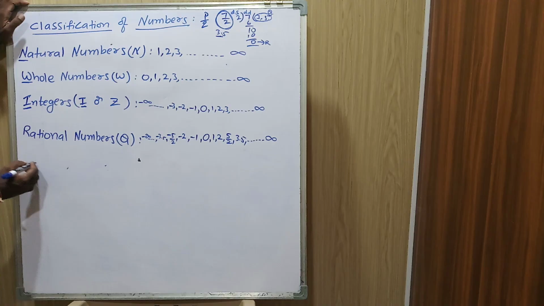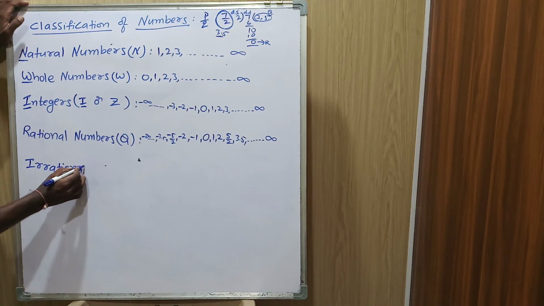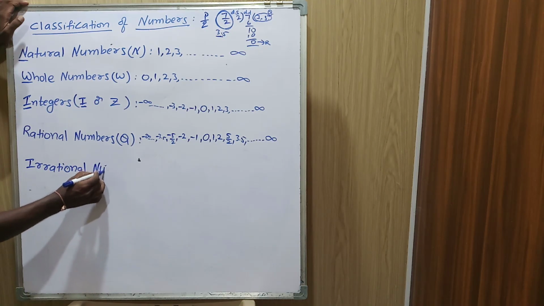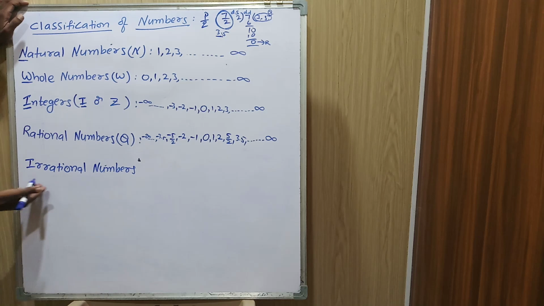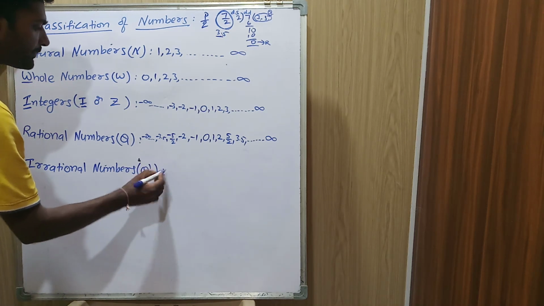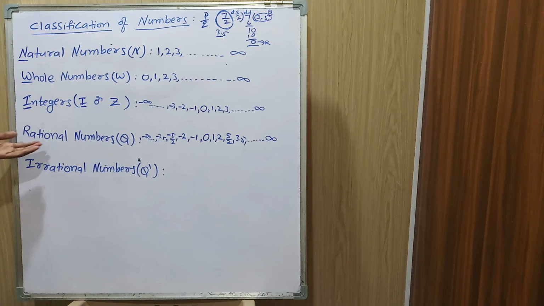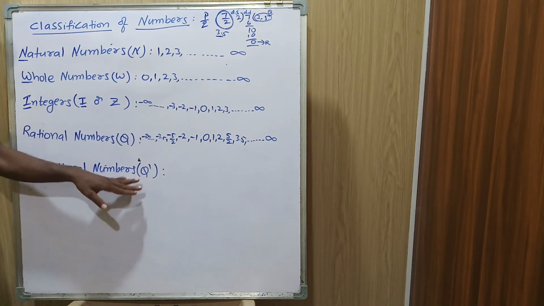Next, irrational numbers. Irrational numbers are denoted by the letter Q dash. Why? Because irrational numbers are nothing but numbers other than rational numbers.